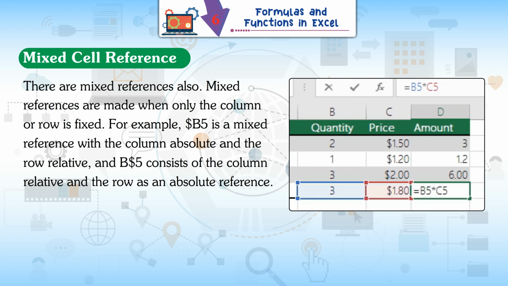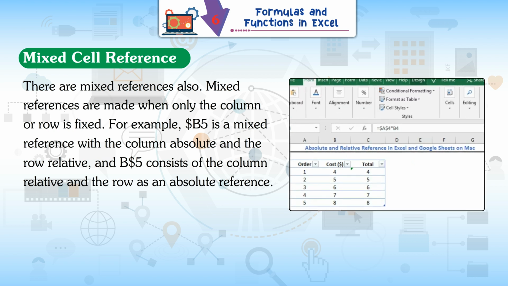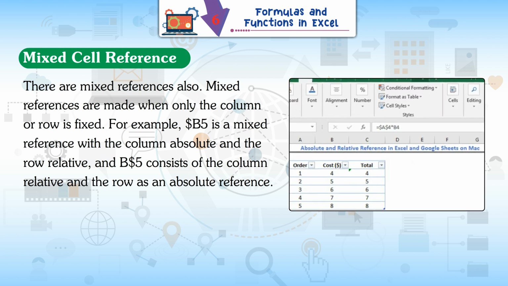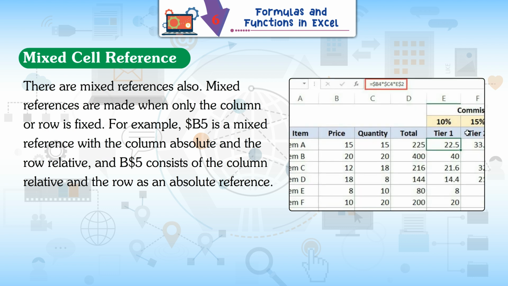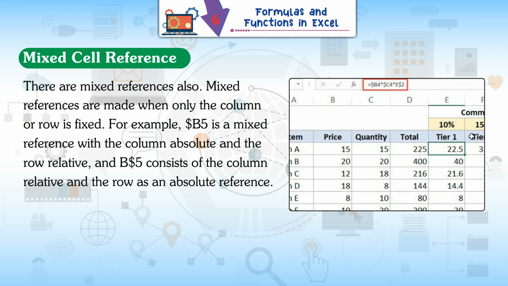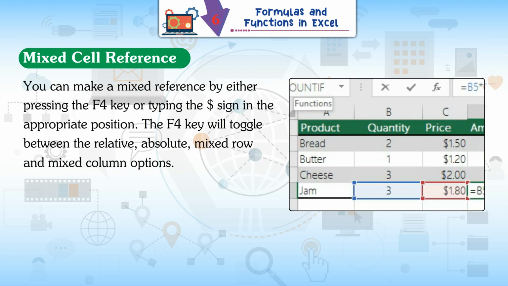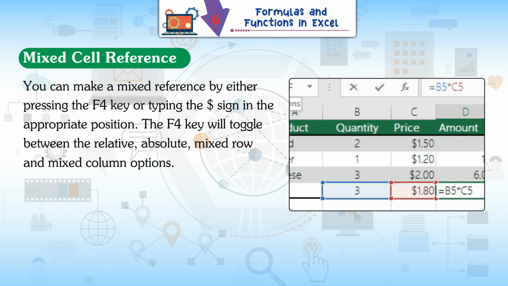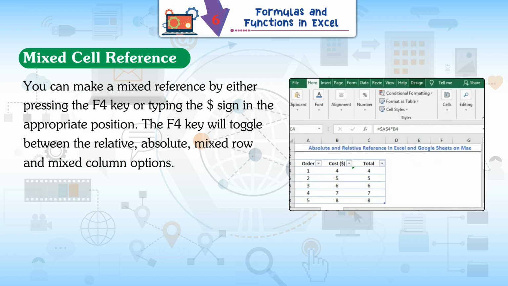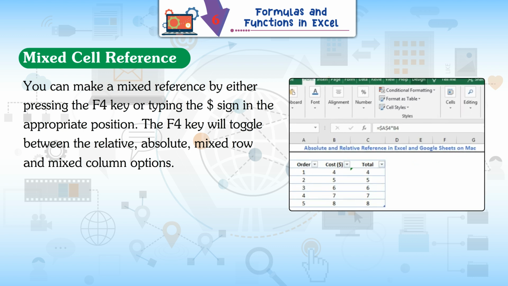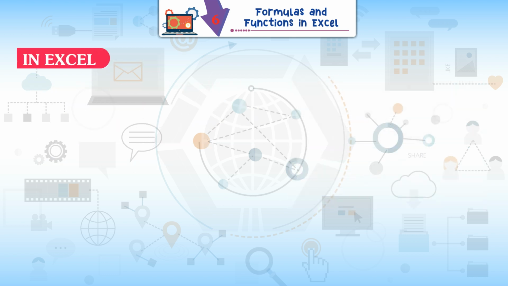For example, $B5 is a mixed reference with the column absolute and the row relative, and B$5 consists of the column relative and the row as an absolute reference. You can make a mixed reference by either pressing the F4 key or typing the $ in the appropriate position. The F4 key will toggle between the relative, absolute, mixed row, and mixed column options.